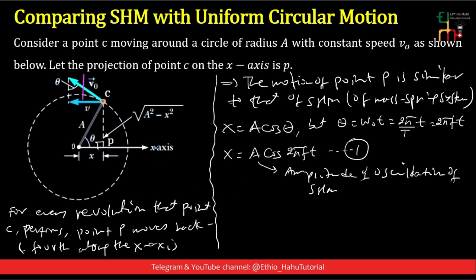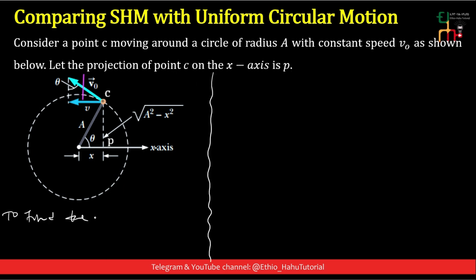Next, let's find the speed. To find the speed v of point P, we use this. The velocity of point P along the x-axis is similar to the component of v naught along the x-axis.